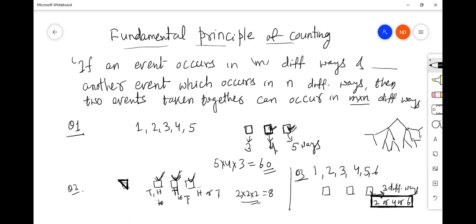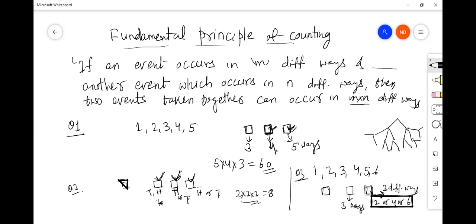Now come to tens place. One digit is placed in units place, so out of the 6 digits we have taken one, and for this we have any one of the 5 digits we can keep. So for tens place, we have 5 ways of filling the place. Now come to hundreds place.